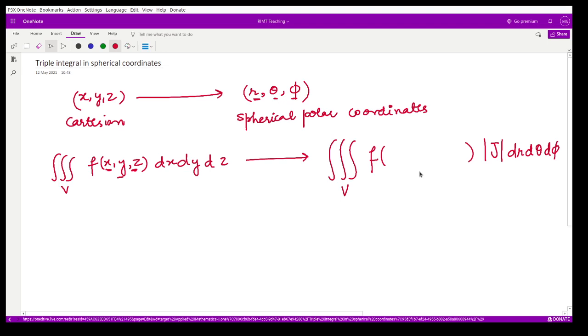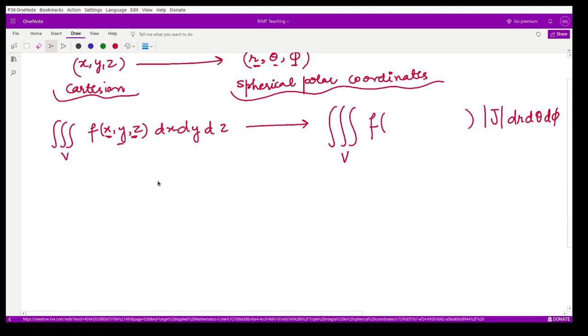First of all, you should know exactly what the relationship is between the Cartesian coordinates and the spherical polar coordinates. So let us have a look at this relationship. Let me draw the Cartesian coordinates. Say this is the z-axis, this is the y-axis, and this is the x-axis, and we have the origin here, and suppose we are given some sphere over here.